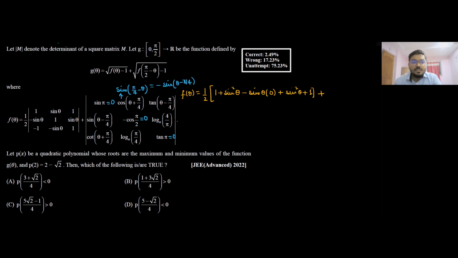This cot, if you convert in tan, would be tan of 90 minus theta, which will give pi by 4 minus theta. Also, if you take minus common, this will be minus of tan of theta minus pi by 4. And this log you can write as minus log base e of pi by 4.